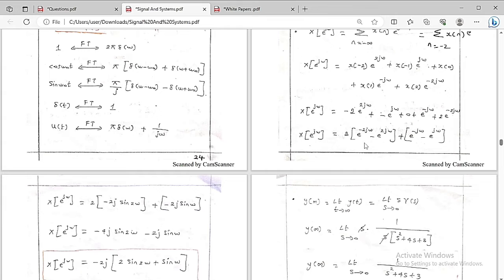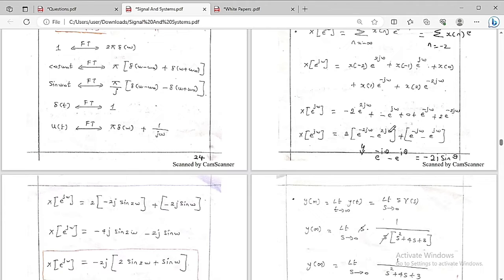Simply, if you simplify, it is very simple. See, I already told you, e to the power of minus j theta minus e to the power of j theta: you know this is cos minus sine, so cos cancels, and we are going to get minus 2j sine theta. So what is the theta value?